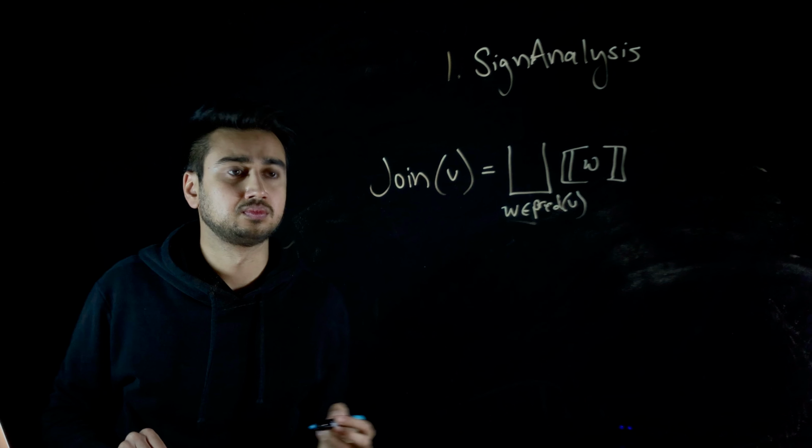The way we determine the value of a constraint variable at a particular CFG node will depend on what exactly the type of that CFG node is. So for example, if we have a CFG node with an assignment in it, we'll use the following rule to populate the constraint variable for that node.